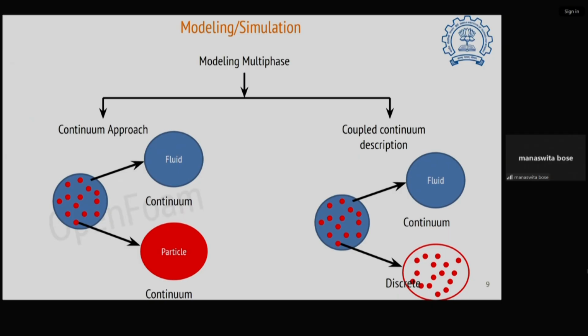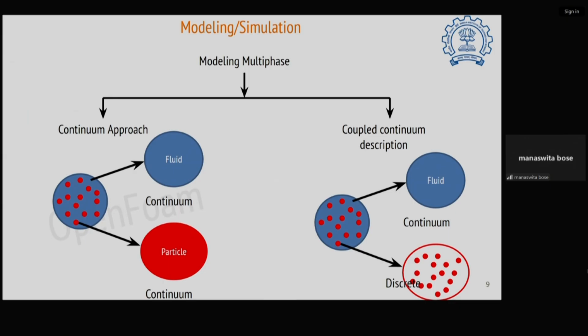Okay, so to cut things short, one can say that very broadly there are two approaches to model gas solid systems. One is a continuum approach and one is a coupled continuum discrete description. In the continuum approach, both phases, fluid and particle, are assumed to be continuum, and there are constitutive relations. For fluid, the constitutive relations are known. In most cases, fluids are assumed to be Newtonian. Of course, one can assume non-Newtonian fluids as well.